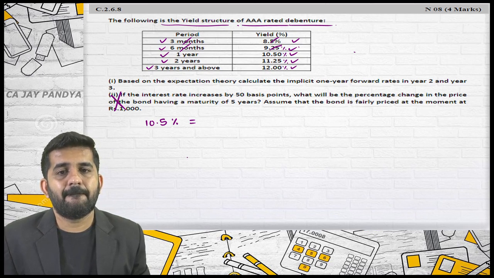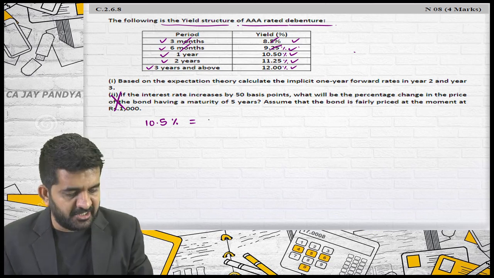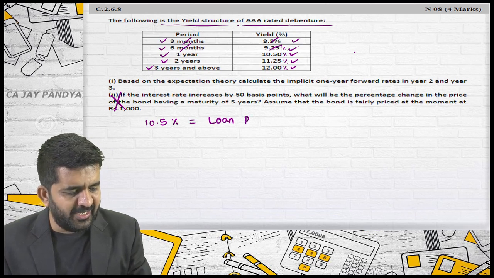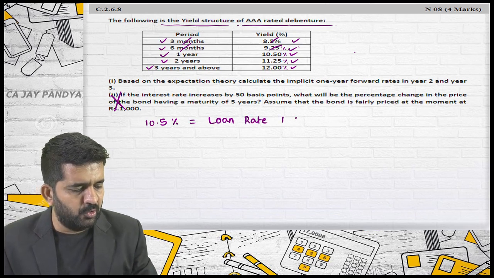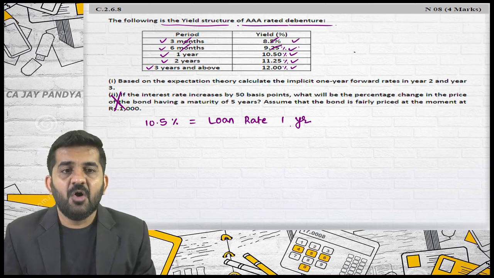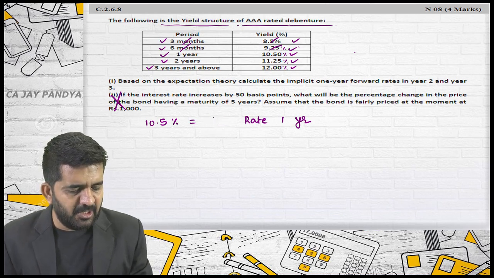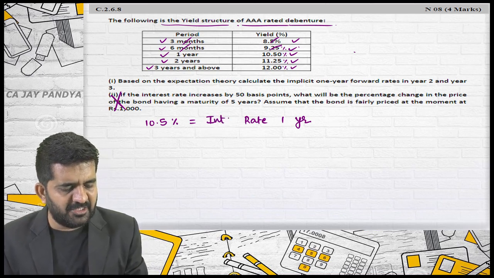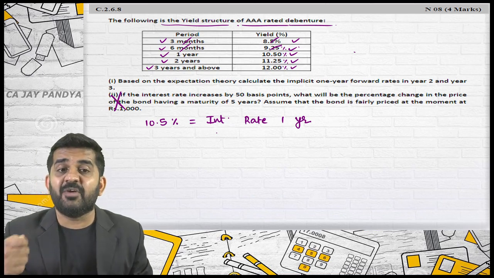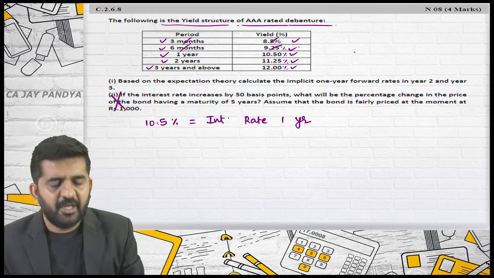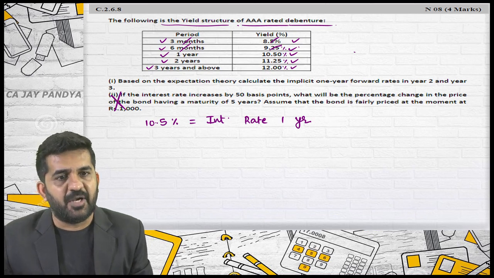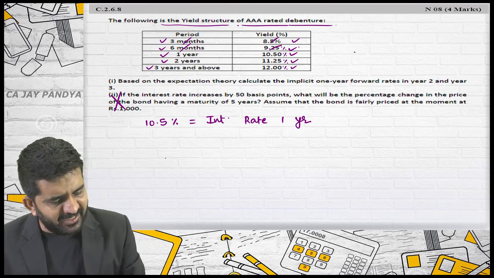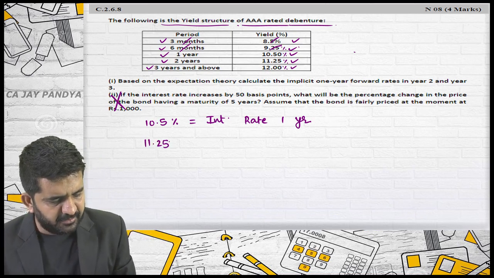No, sir, I think it's the loan rate. It is a loan rate if you want to borrow the loan for the period of 1 year. But here it will not be a loan rate because it is of debenture, so it is an interest rate. If you invest in debentures for 1 year, the rate which you will be getting is 10.5%. What is then 11.25%?